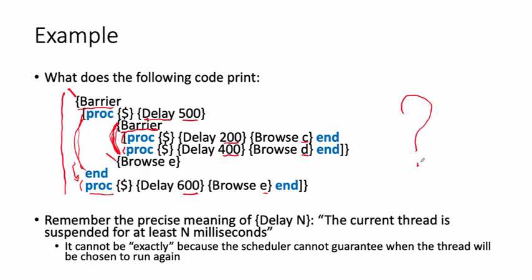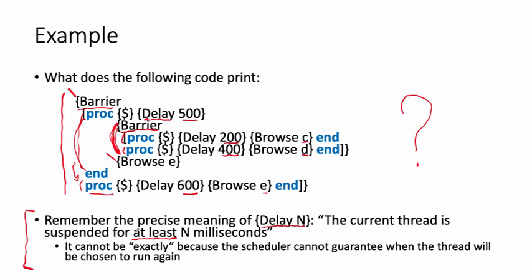Okay. Now, to figure that out, remember exactly what delay means. So I've told you delay n means to delay the current thread for n milliseconds, but very precisely, it's for at least n milliseconds, not less.